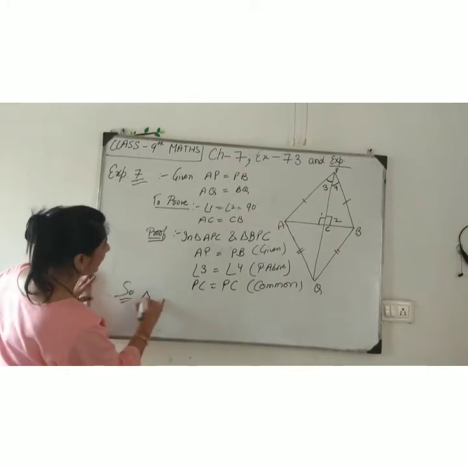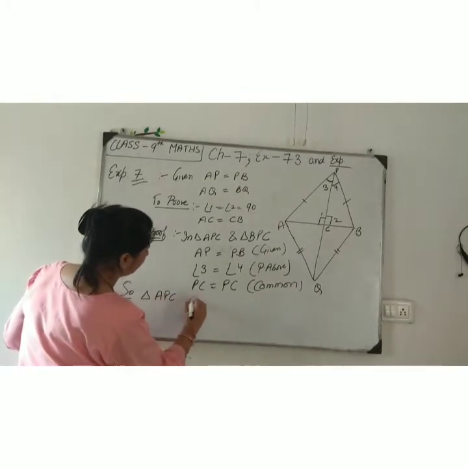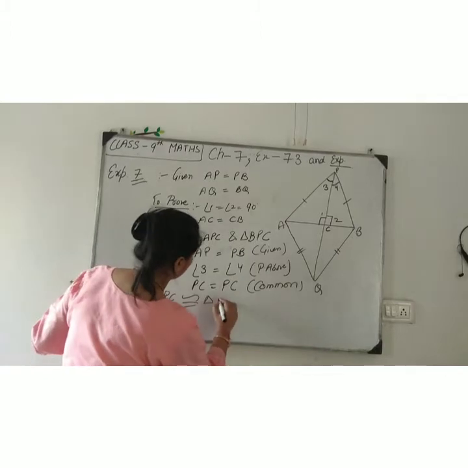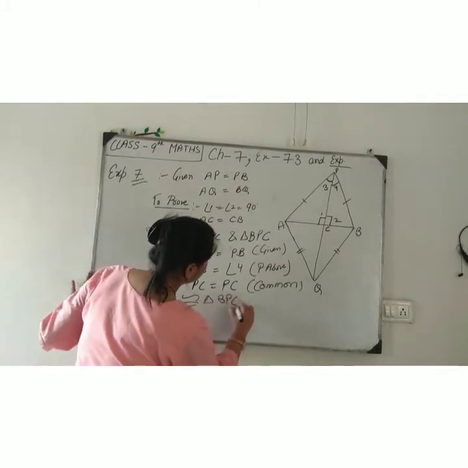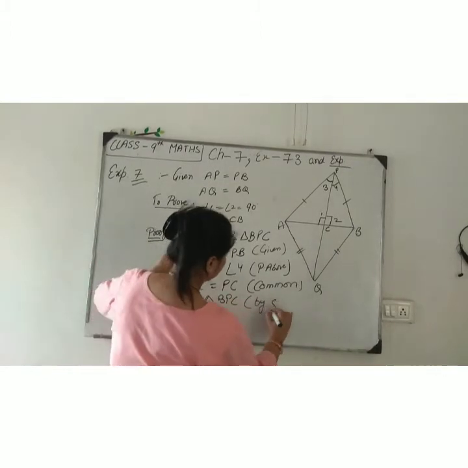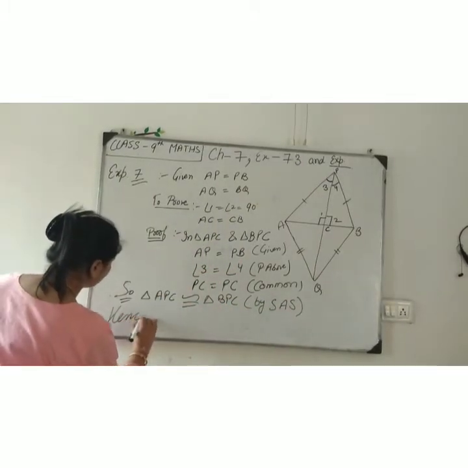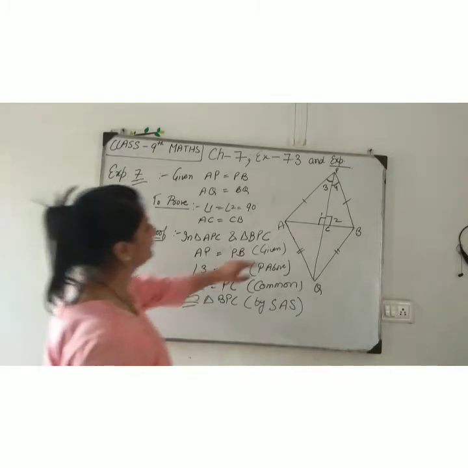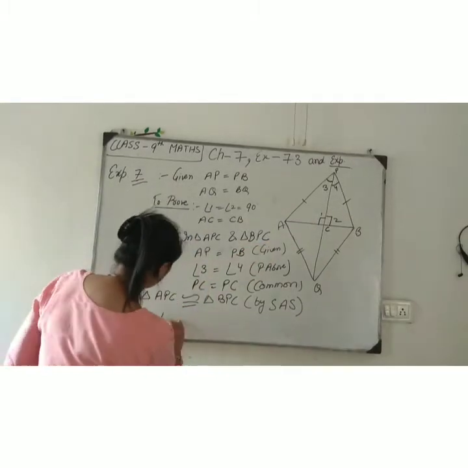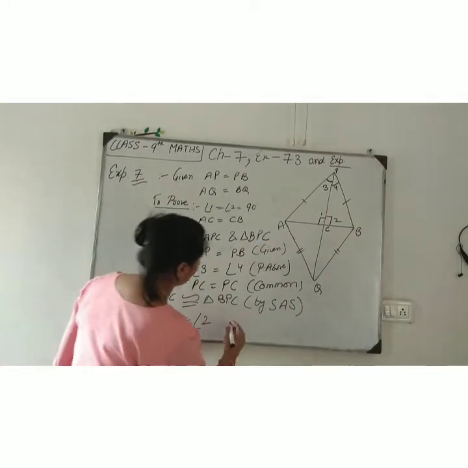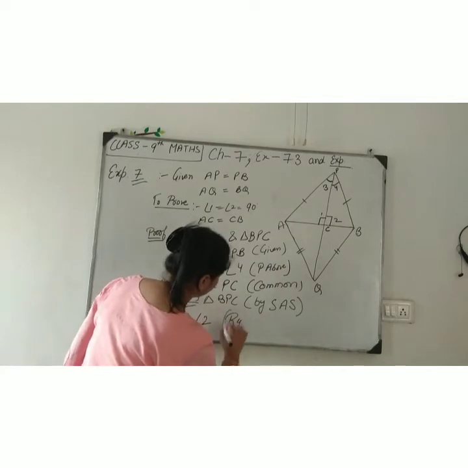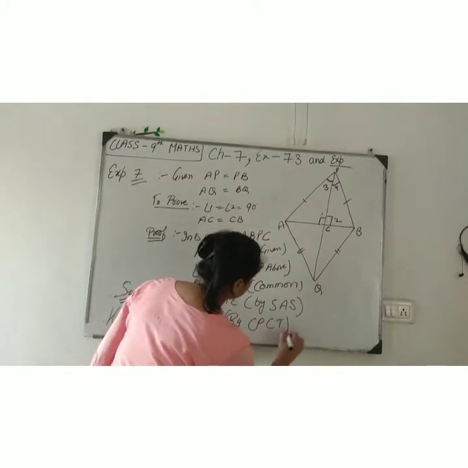So triangle APC is congruent to triangle BPC by side angle side. So hence, what do you write here? Angle 1 equal to angle 2 by CPCT.